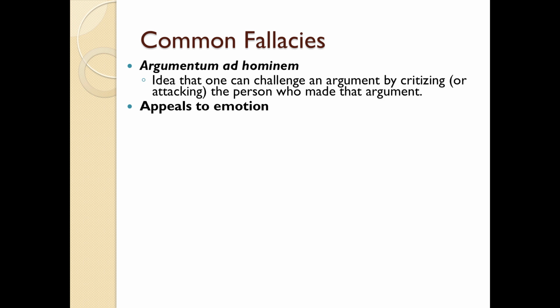So another way to look at fallacies is that they're forms of faulty reasoning. And you may have encountered a discussion of this in some other class. I hope you have. So an argumentum ad hominem basically means argument to the man. It is an idea that you can challenge an argument by criticizing or attacking the person who made that argument. So it's an attack against the speaker. We can see this often in politics.